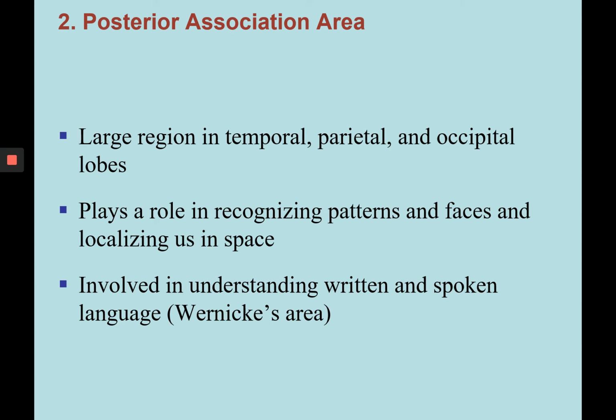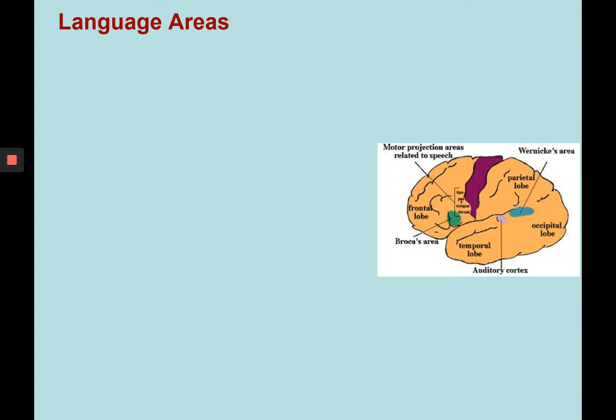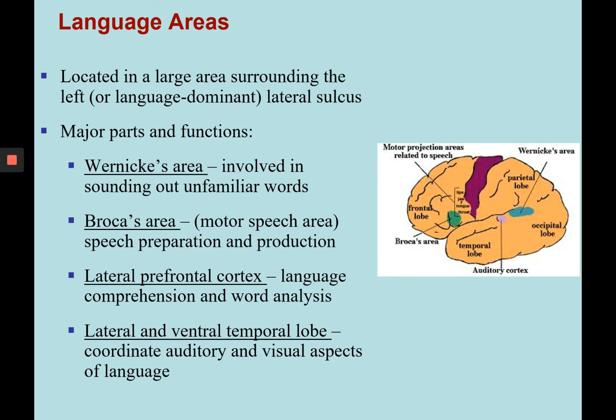Broca's area is a motor area for speech. So language areas that we've talked about thus far are Wernicke's area and Broca's area. Wernicke's area is sensory, Broca's area is motor. There's also the lateral prefrontal cortex involved in word comprehension and analysis, and parts of the temporal lobe, which are involved in auditory and visual aspects of language, like if someone's talking with their hands.